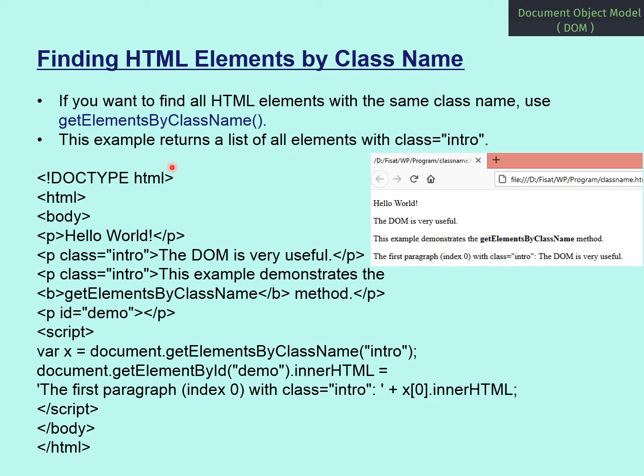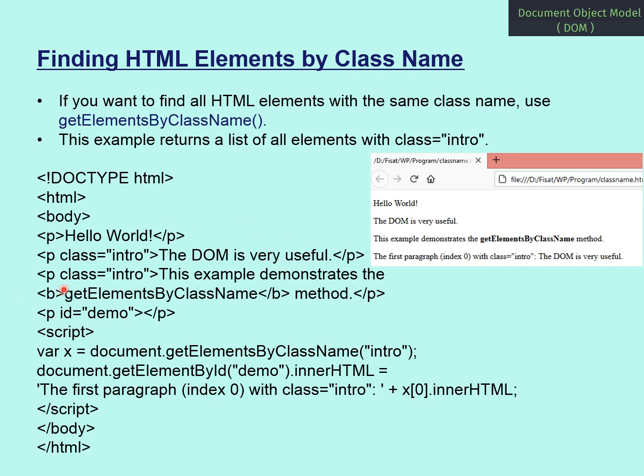So here we are having an example, almost similar to the previous one. Now we can see what is happening in the example. An HTML page with the body, then the first paragraph tag contains the data hello world, then the second paragraph has a class, the name of the class is intro, which contains a simple statement: the DOM is very useful.